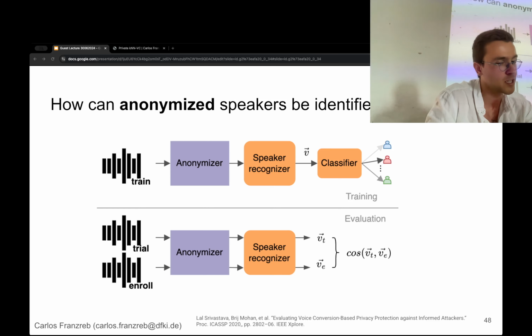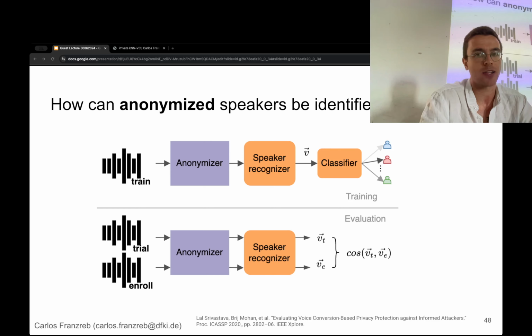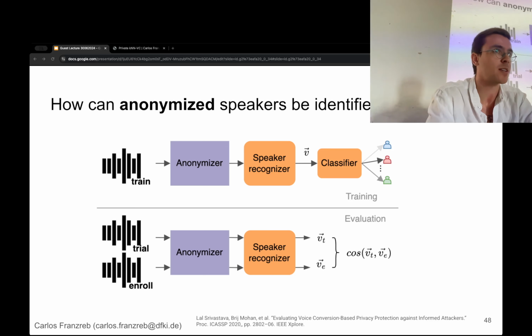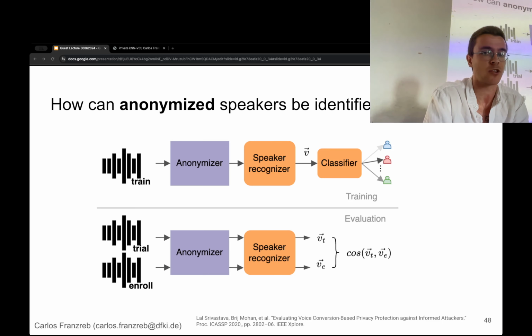They are trying to identify the speakers behind the trial utterances. Doing verification is better in certain ways because it's a more robust approach. It requires the model to generalize instead of exploiting the weaknesses of the data that it may find during training.